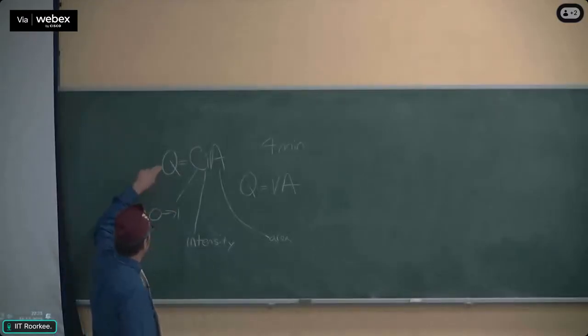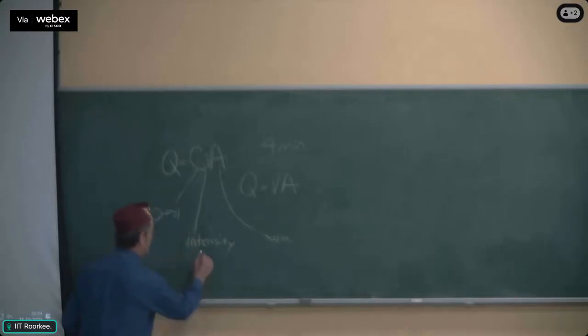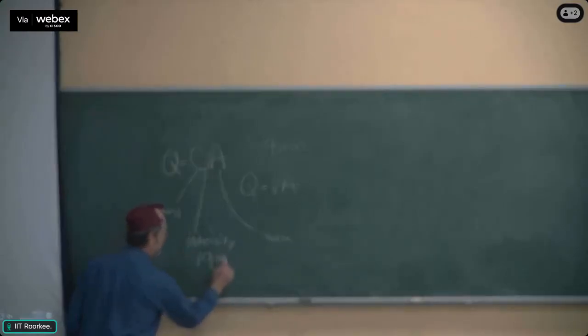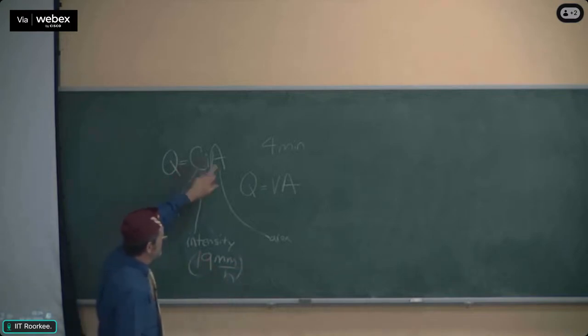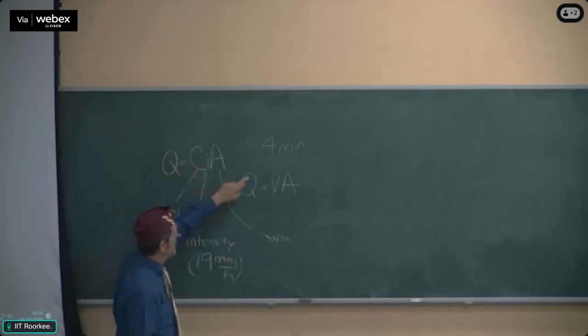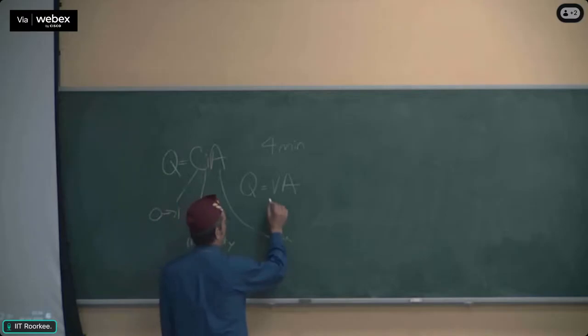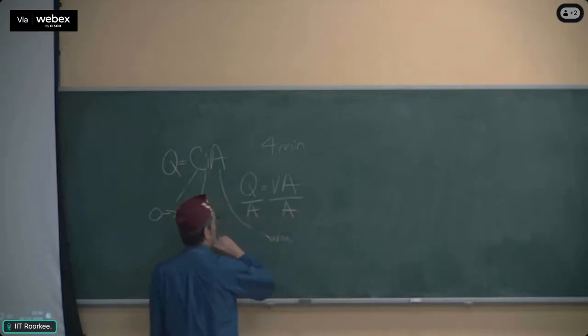So you basically calculate your flow rate based upon an intensity. In North Carolina, that intensity happens to be 19 millimeters per hour. Then whatever your runoff coefficient is, whatever your area is, you get your flow, you plug your flow in here, you divide through by your expected cross-sectional area, and all you've got left is velocity.